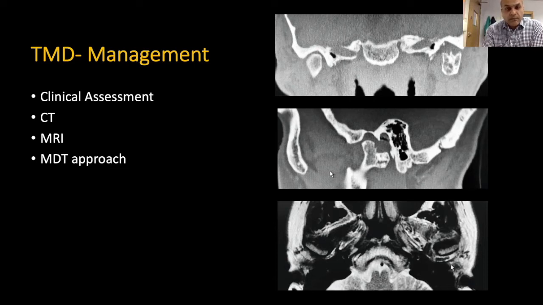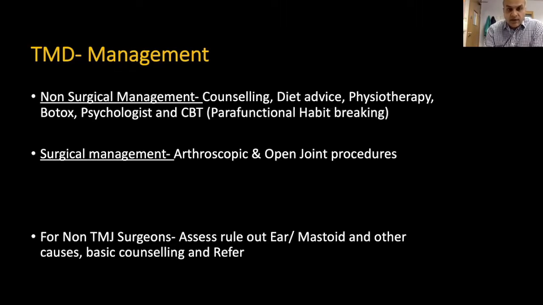And then treatment. If you're a non-TMJ surgeon, even within maxillofacial or ENT, and if you don't do these routinely, it's best to have a friend who looks after your patients and refer them. Initial management is absolutely fine. Most of the time, counseling, reassurance, diet advice to stay on a soft diet, physiotherapy.